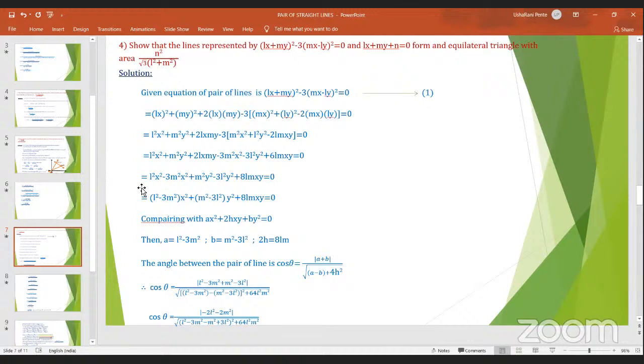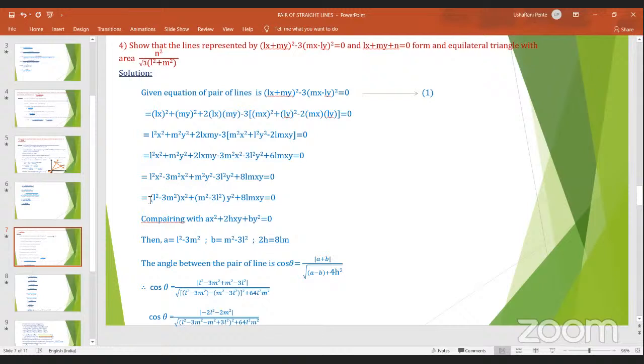Now from these terms we are taking common x square, that is (l square minus 3m square) into x square plus (m square minus 3l square) into y square plus 8lm xy is equal to 0.